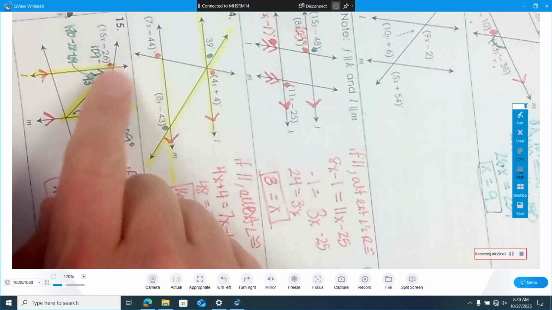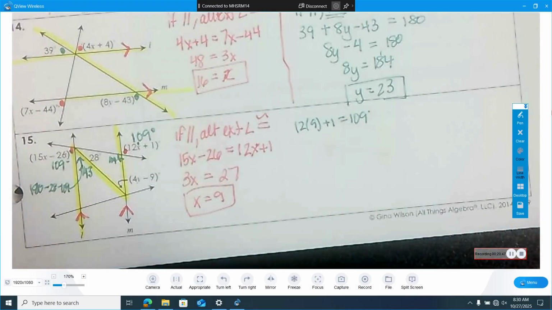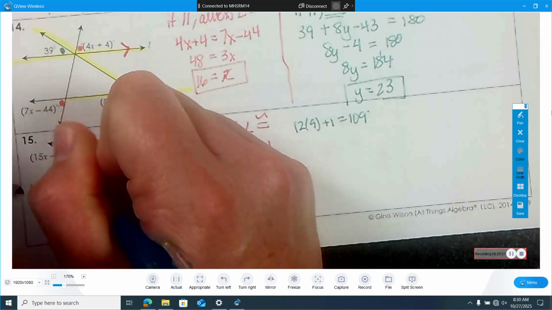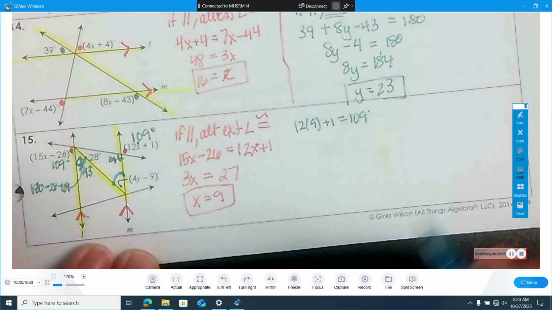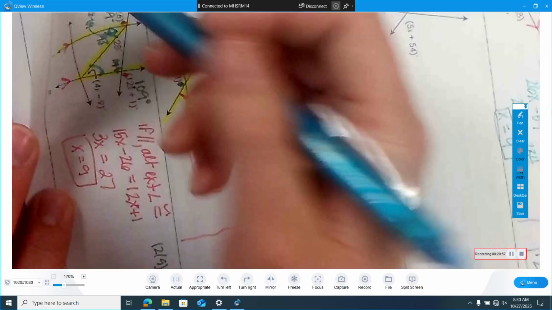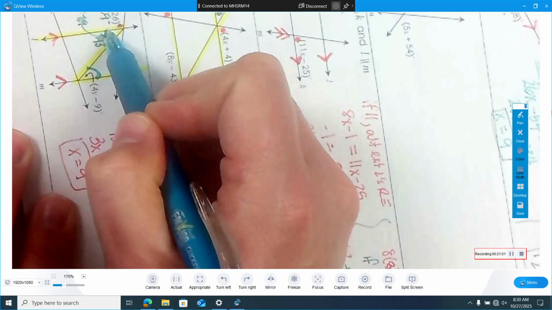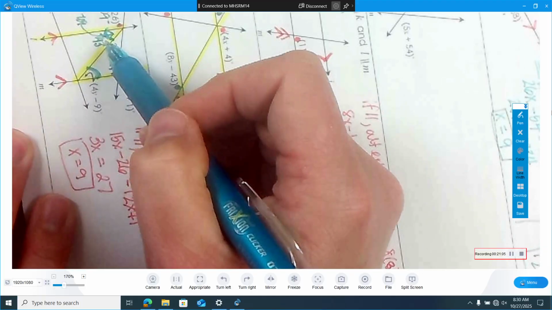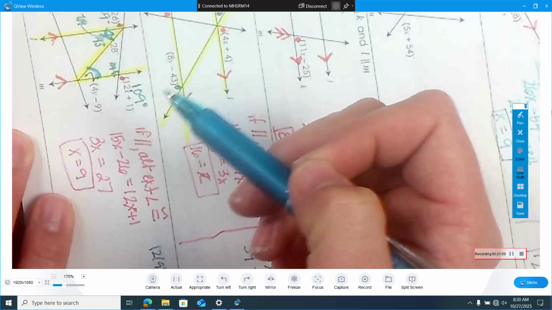When you see that Z shape, we get this 43-degree angle and this angle. What kind of angles are those little blue angles? Alternate interior. Yeah, so these two angles are alternate interior angles.